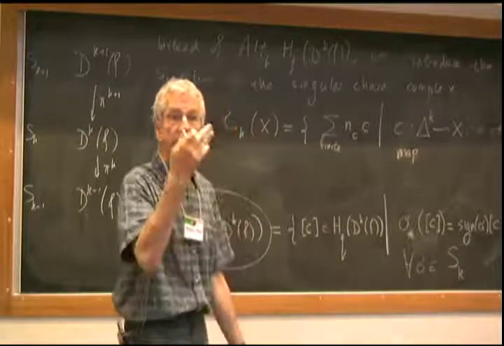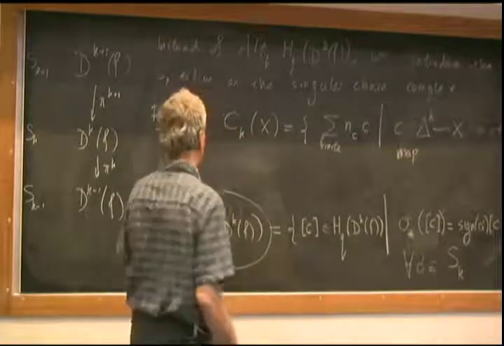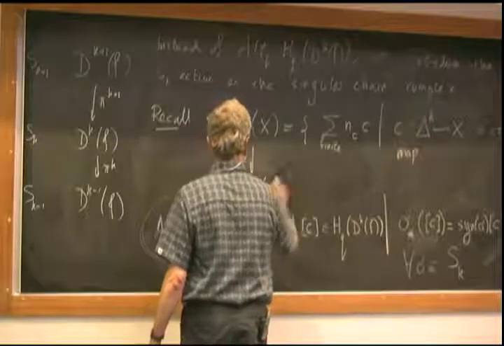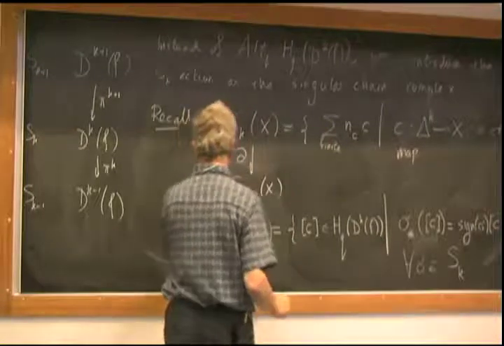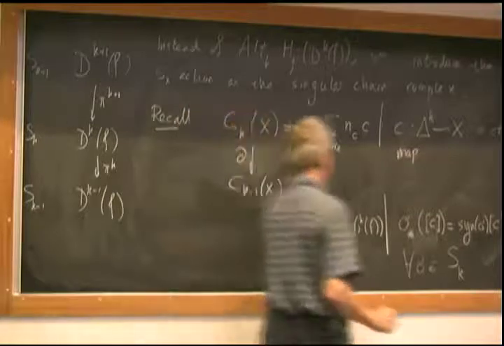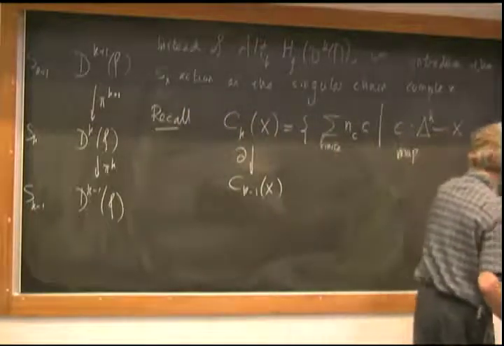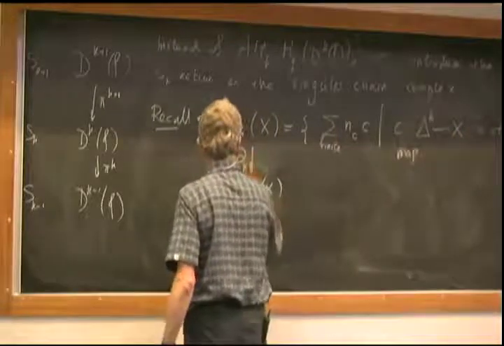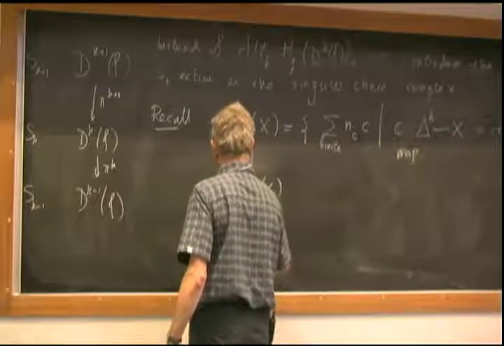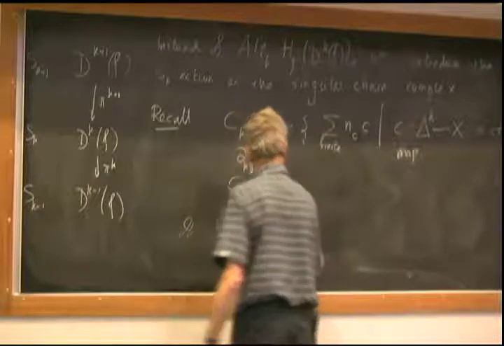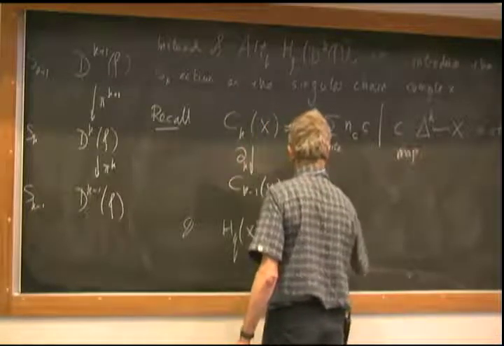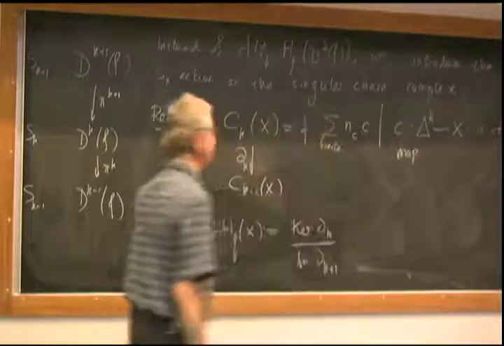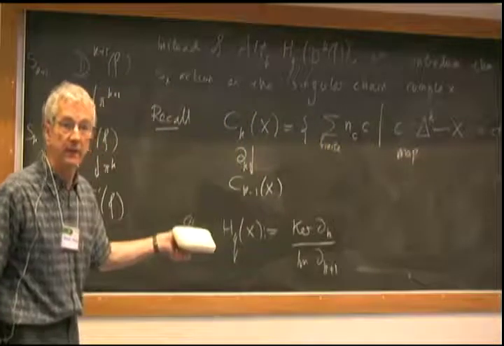That's the chain group. And then we have a differential which maps this to c k minus 1 x using the boundary. It's called the boundary map. Let's call this delta k, and HQ of space x is by definition the kernel of delta k over the image of delta k plus 1. That's the definition of singular homology.